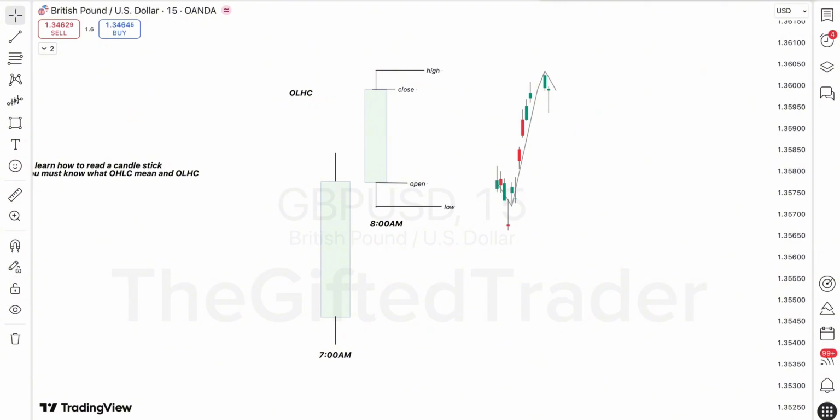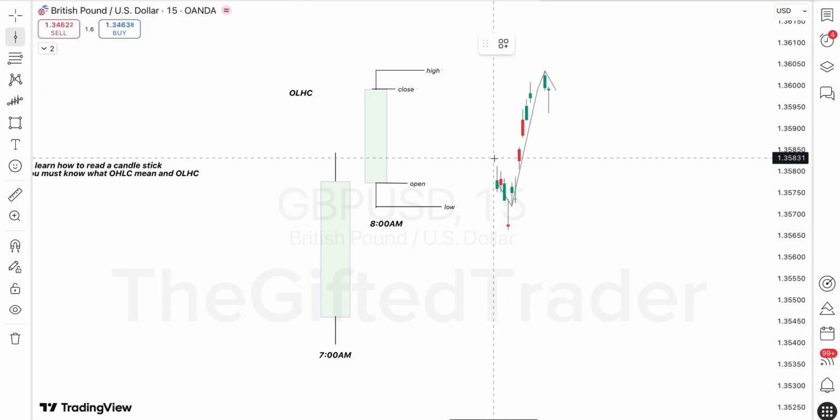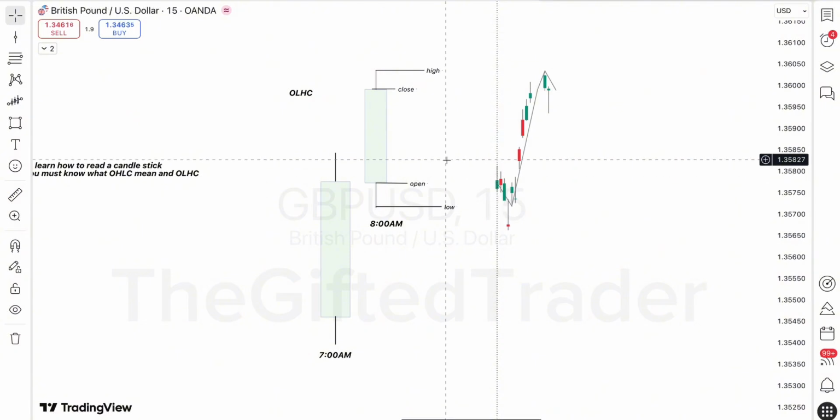Price opened and went down a bit. That is the manipulation. Price opened, manipulated, and went in the direction it was supposed to go. So open, low, high, close is for the bullish candlestick.